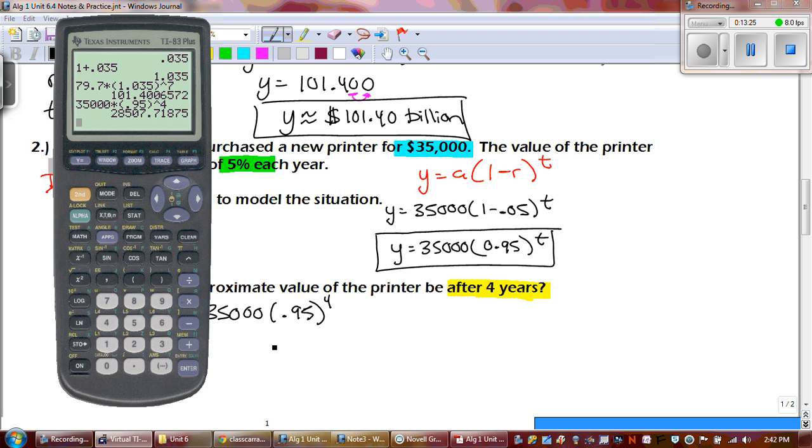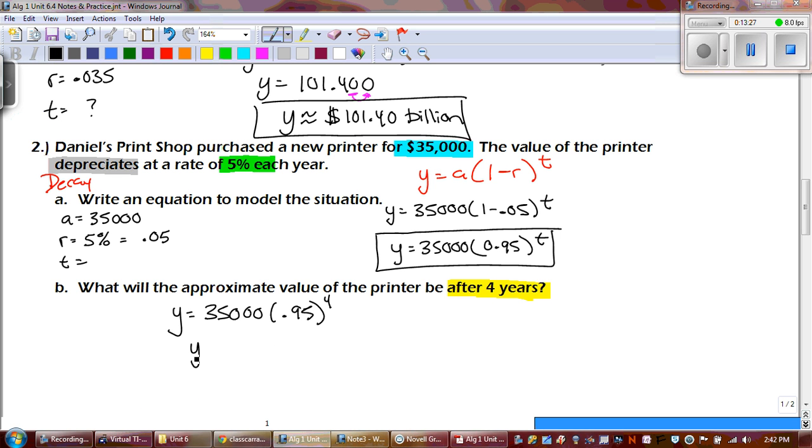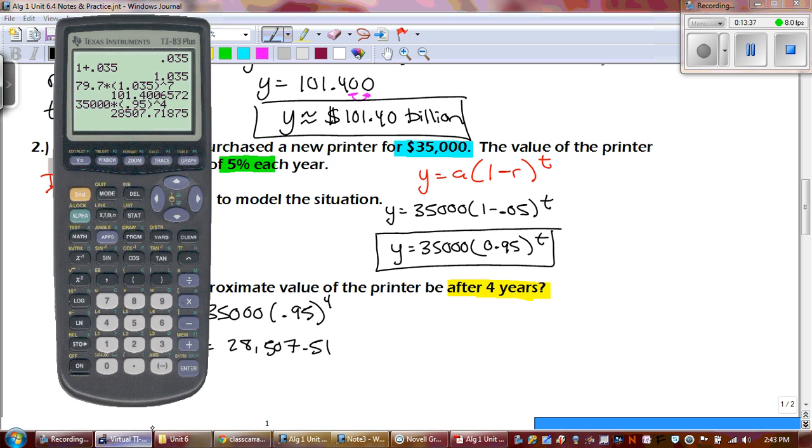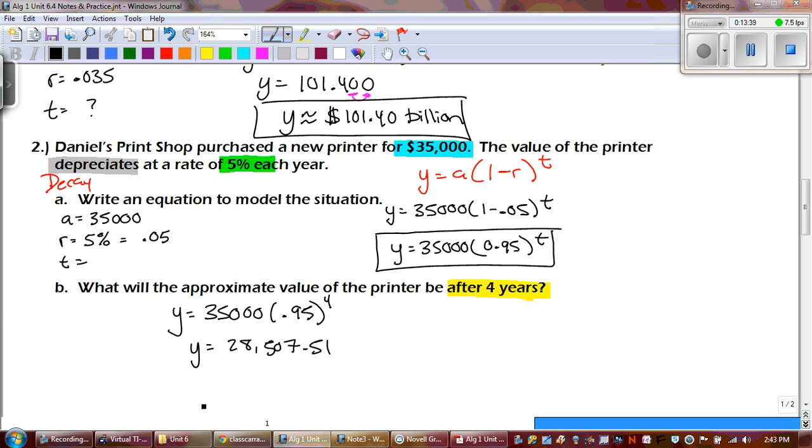And remember, we need to round that. So that was 28,507.518.